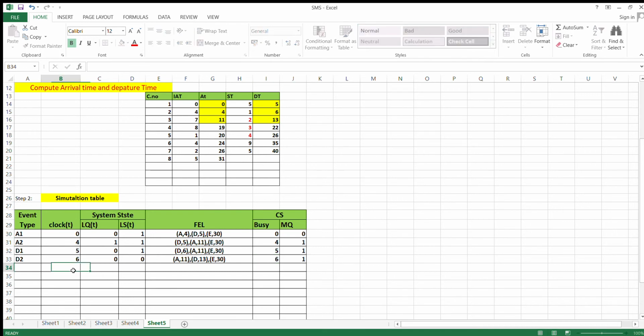So the next minimum is 11. I will write A3, no customer in the queue. A3 will move to the service. We remove the arrival, which means we add the next arrival. So first write down D13, A19, E30.